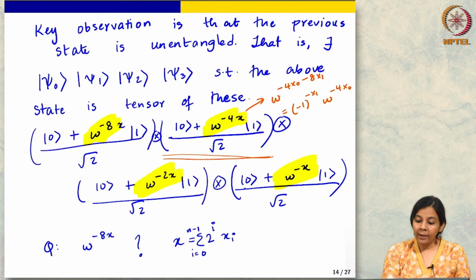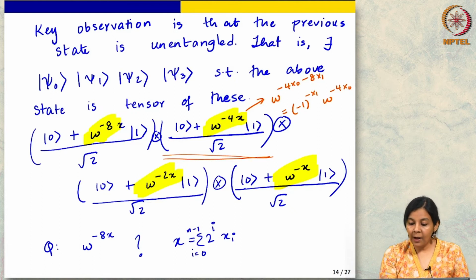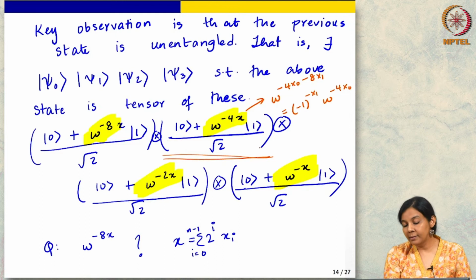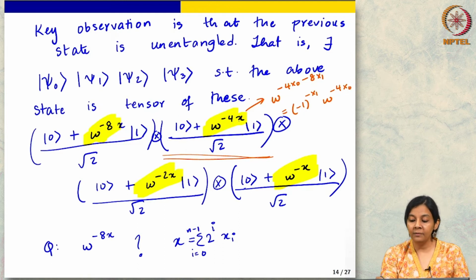So I want my second most significant bit to be this. It should be 0 plus minus 1 to the minus x1 omega to the minus 4 x0 1 over root 2. So now if I apply Hadamard, what will I get?